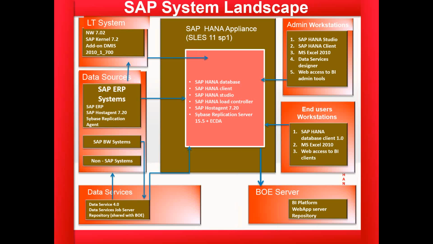Just like a BW system, you can install an LT system, which can be a standalone system to the ECC, or you can also configure some of the processes running on the LT system to be a part of the ECC system, as LT then behaves as a bridging server between the ECC system and HANA appliance. If you are concerned about the performance impact of the logging mechanisms and the additional processing that the ECC system has to do, then all that can be pushed down to the LT system.